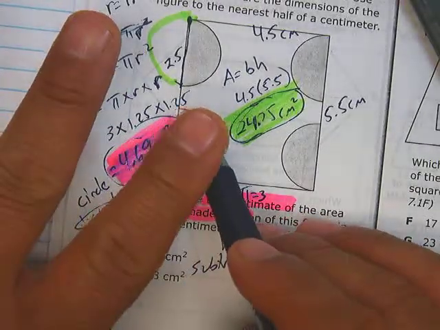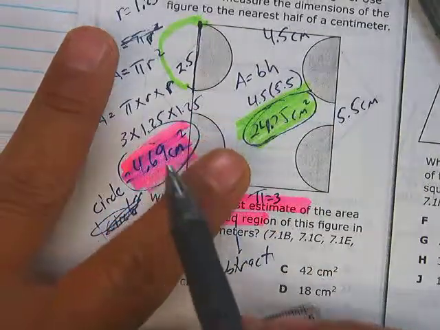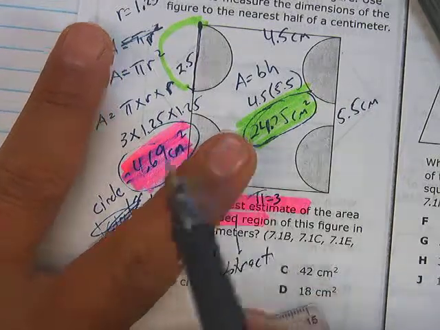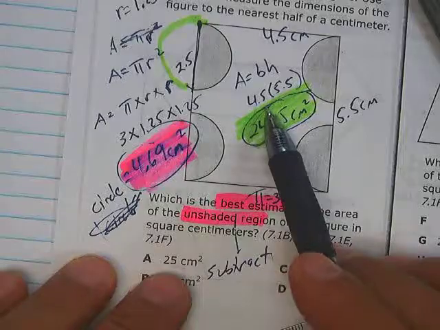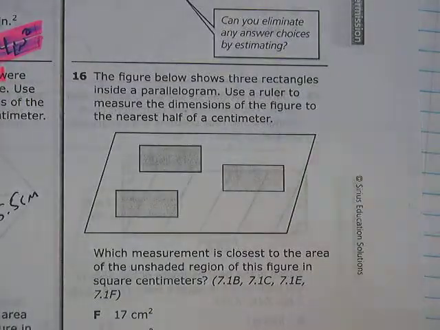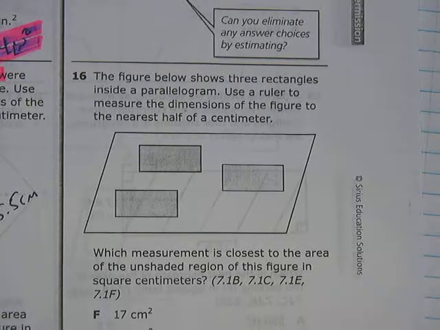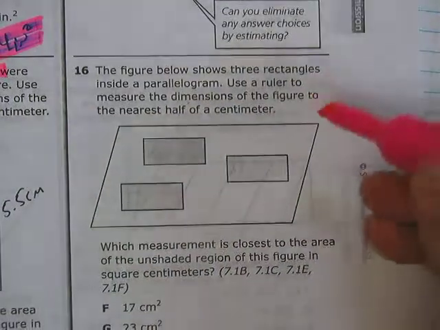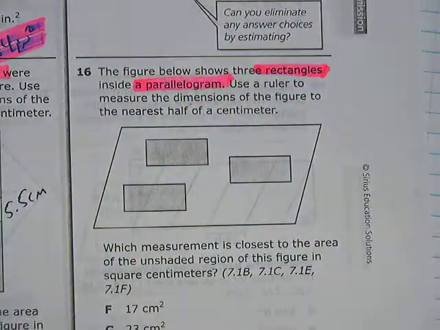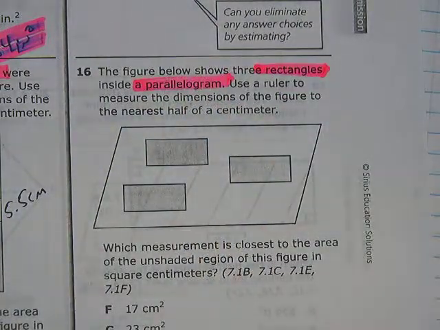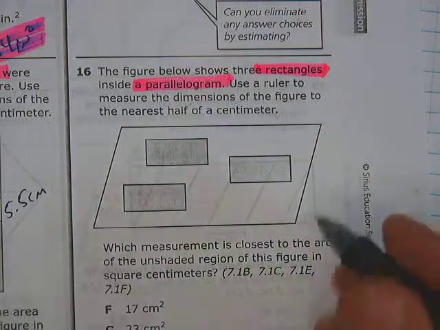This is for one circle. Just remember, this is one circle. You have 2 circles. Each one measures 4.69. You're going to subtract that from this, and that'll give you your answer.